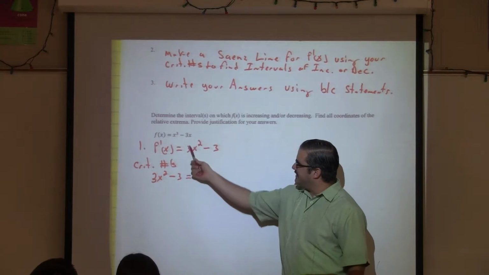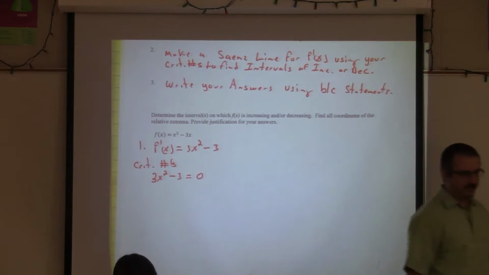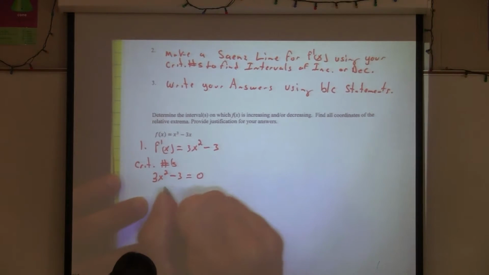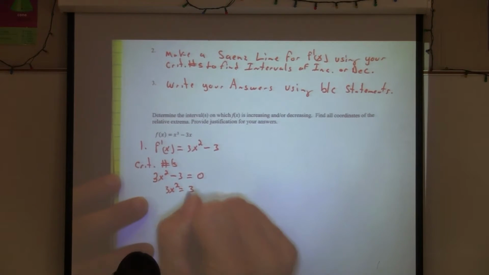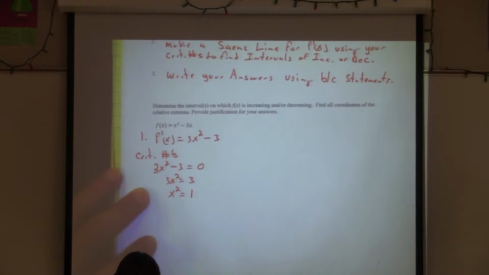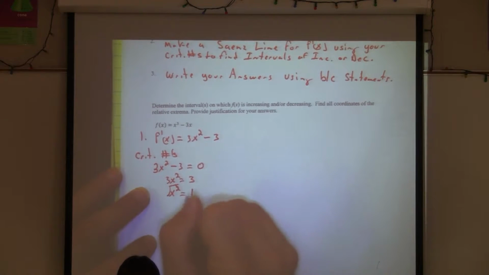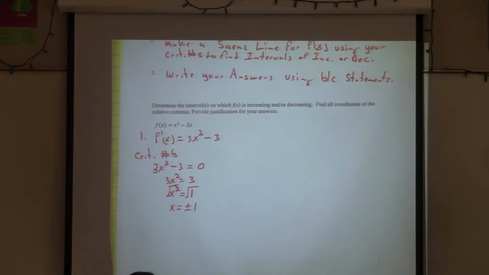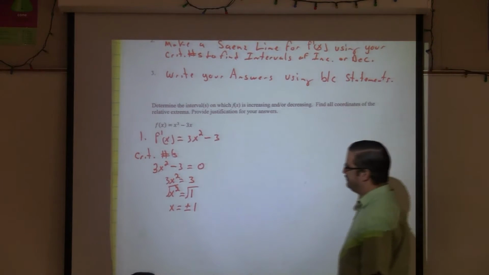So since it can't be undefined, we're just going to find out where it equals 0. So what do we get? Plus 3, right? 3x squared equals 3. Divide by 3. x squared equals 1, right? Square root. What do we do when we take the square root? Plus or minus 1. Okay, don't forget to put plus or minus or else you're going to mess up.